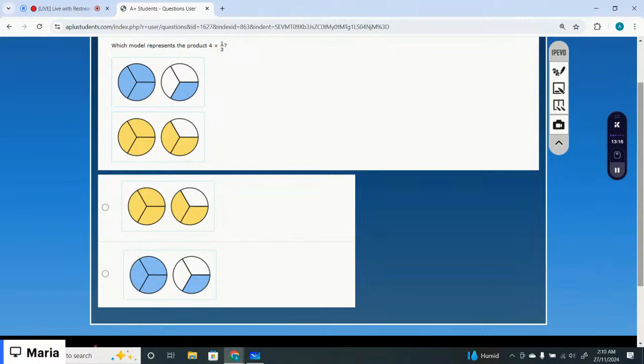Option number 2 is the correct option. That represents 4 times 1 over 3.